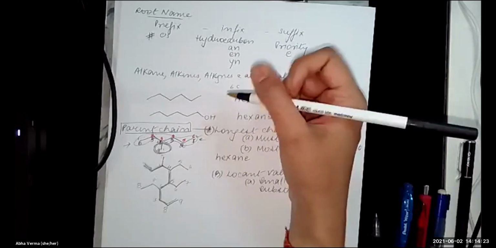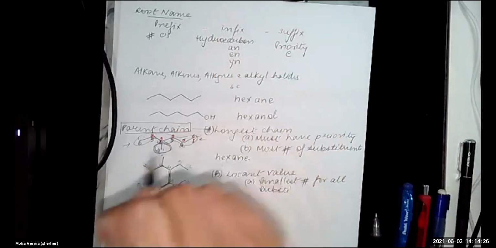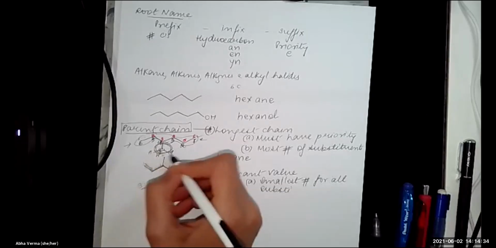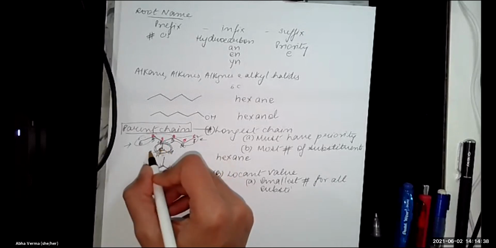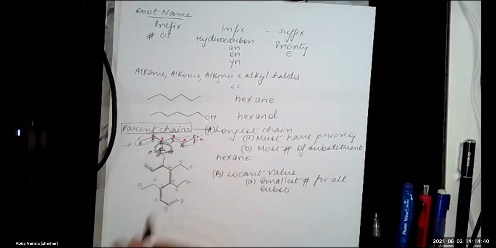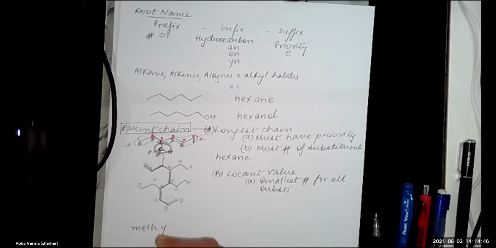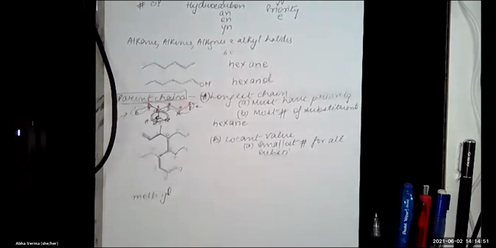What is the root name for one carbon? Meth. Yes. It could have been methane, but one hydrogen is missing. So when one hydrogen is missing, we call it meth with a YL. So methyl.